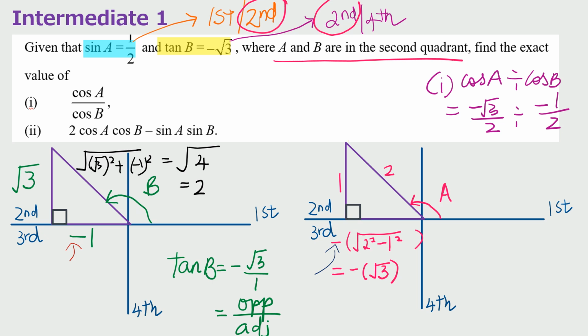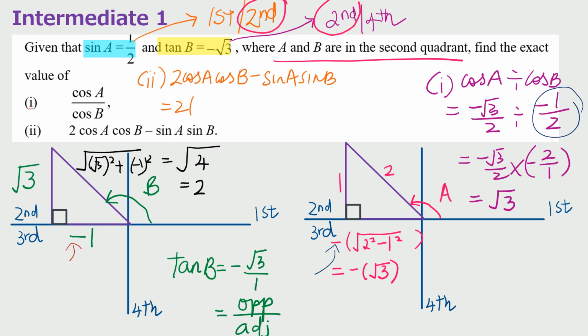Okay, so write cosine A over cosine B as cosine A divided by cosine B. So cosine A will be adjacent over hypotenuse, so that's negative square root 3 over 2. And then cosine B will be negative 1 over 2. Right, and then change the division sign to multiplication, flip this fraction, and you will get square root 3 for part 1.